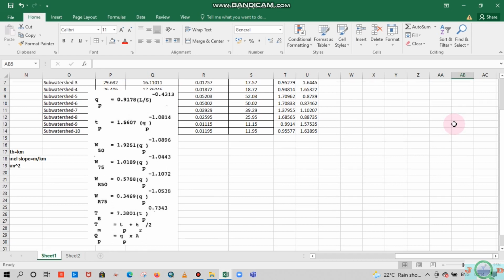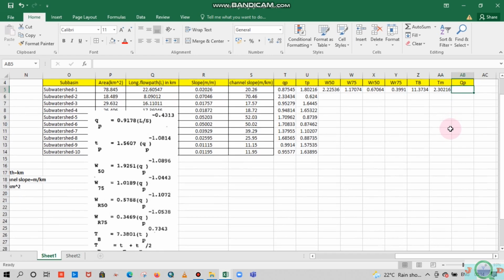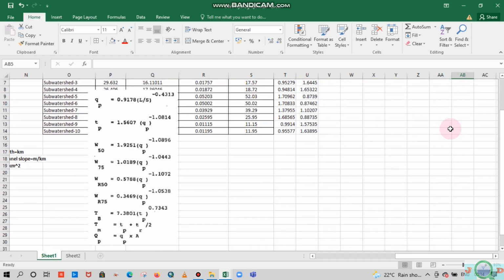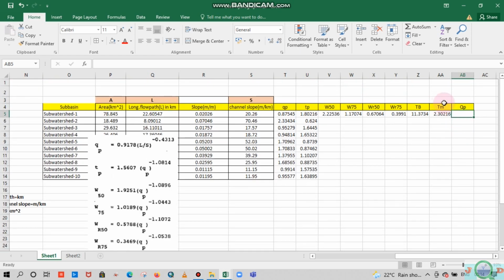And next comes the capital Qp, that is the peak discharge. So it is small qp into the drainage area.